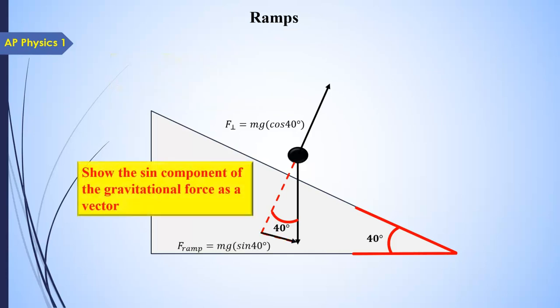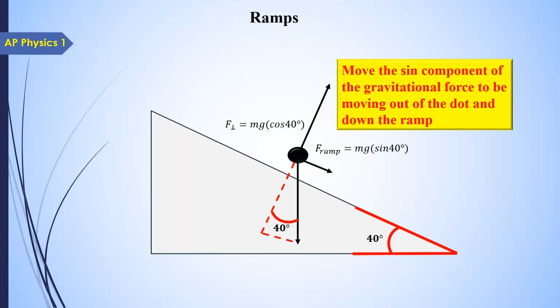Okay, now we show the sine component of the gravitational force as you see below, mg sine 40. And that, as you see, is F ramp. That's the force pushing the box down the ramp. We can move a vector, as you know, so we're going to pick that vector up and move it up there, so that now it's coming out of the dot, coming down the ramp. That is the force propelling the box down the ramp.